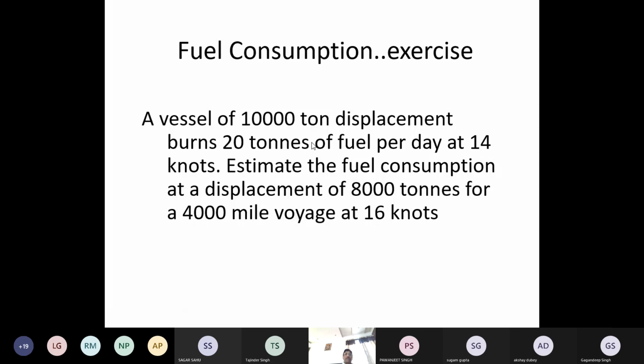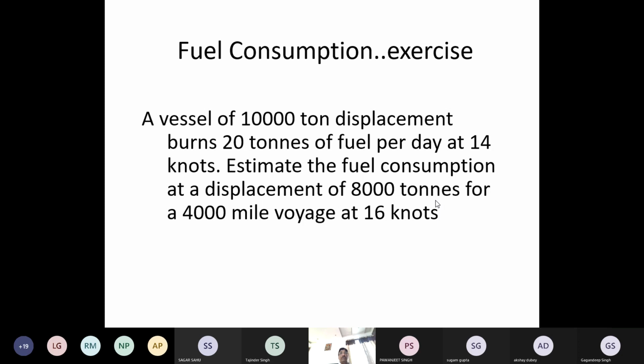A vessel of 10,000 tons displacement burns 20 tons of fuel per day at 40 knots. Estimate the fuel consumption at a displacement of 8,000 tons for a 4,000 mile voyage at 16 knots.